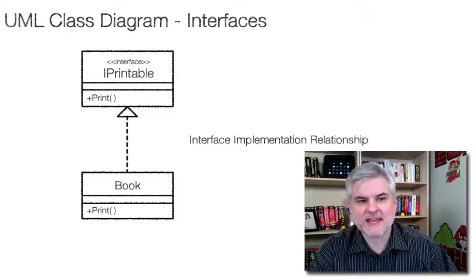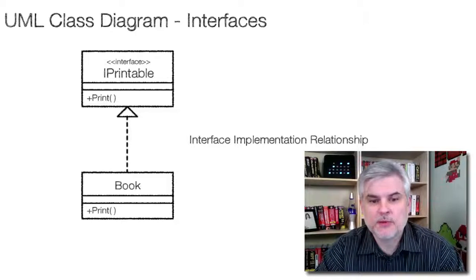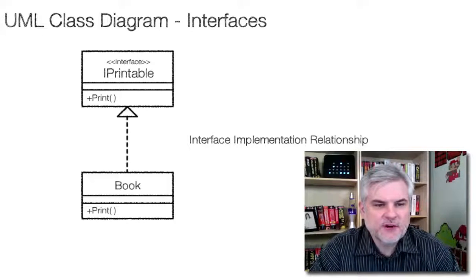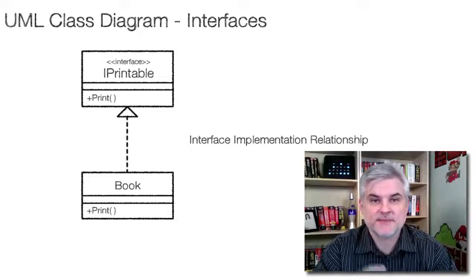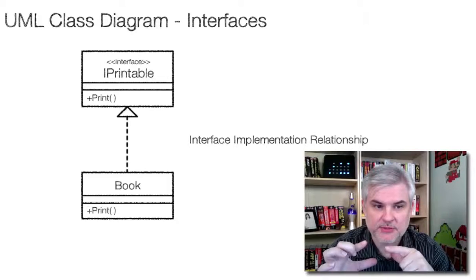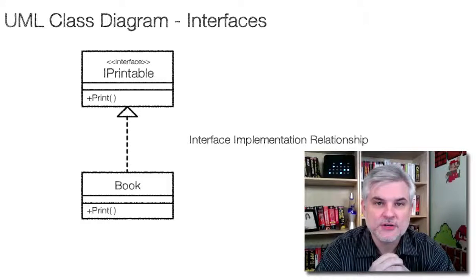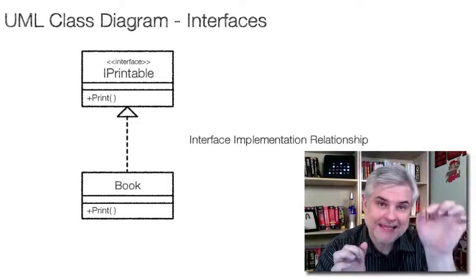Next up, we wanted to talk about interfaces, and there are really two ways to go about that. Here you can see a couple of things we'll point out at the same time. First of all, we have an IPrintable class that is defined as an interface by virtue of the fact that it uses the double brackets with the word interface between them. Also, you can see the interface implementation relationship through a dashed line.